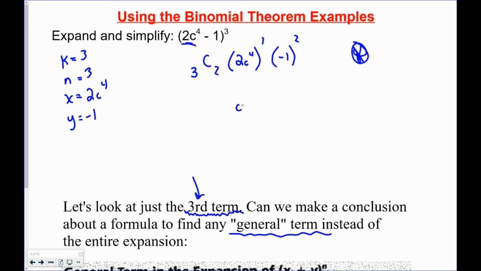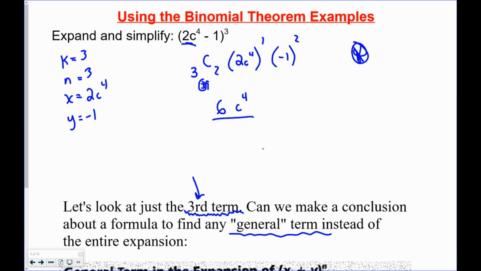So you just get c to the power of 4. Negative 1 raised to the power of 2 is just positive 1. This thing here, 3c2, evaluates out to 3. So you got 3. That's 3 times 2, 6.